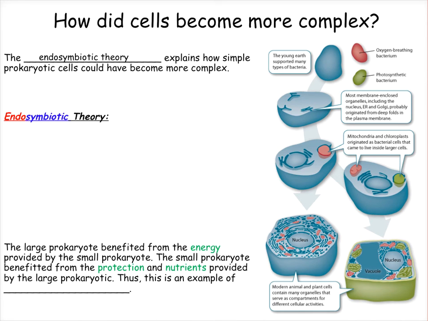This theory suggests that eukaryotes evolved through a process whereby large prokaryotes, like this one shown in blue, engulfed smaller prokaryotes, like these two, this red one and this green one. You can see the blue cell engulfing the smaller red prokaryotic cell.